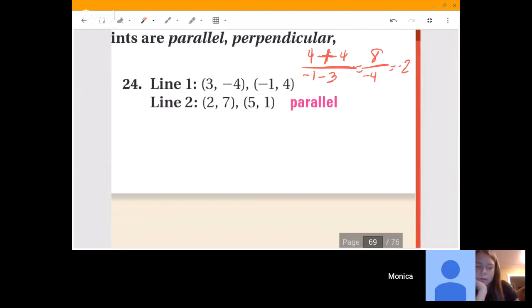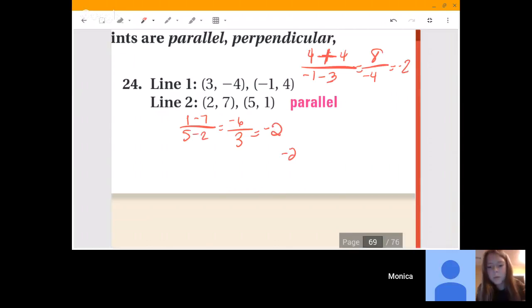So now we go down here and work on line 2. y2 minus y1 is 1 minus 7 over x2 minus x1 is 5 minus 2, okay? So 1 minus 7 is negative 6, and then 5 minus 2 is 3, and that reduces to negative 2.